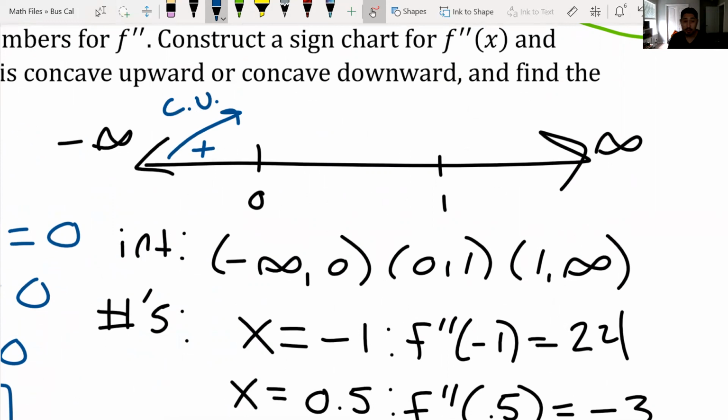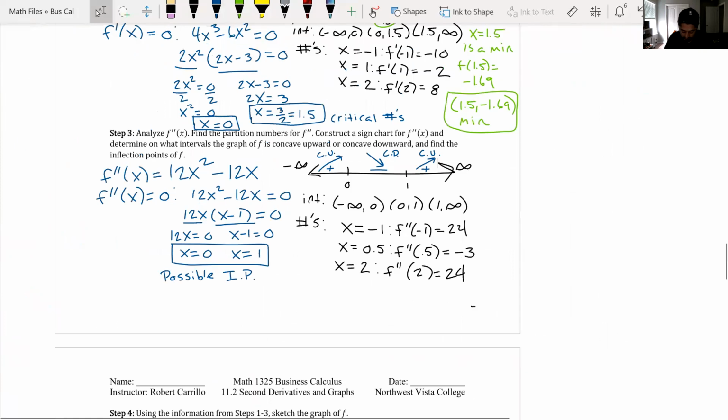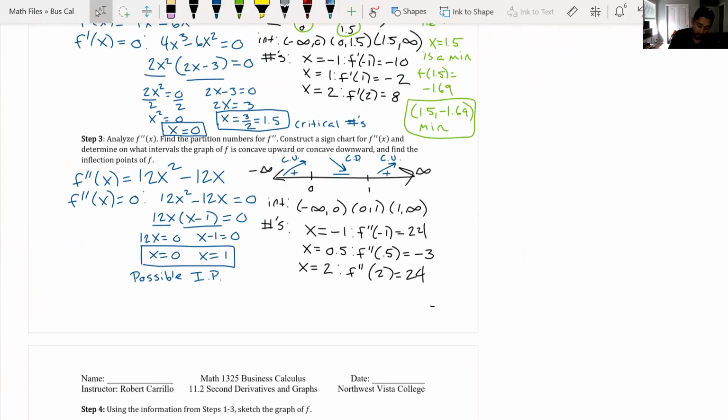All right. The next one's negative. So from 0 to 1, we are negative, which means we are decreasing, which means we are concave down. And then last is positive, which means we're increasing, which means we are concave up. Perfect. Okay, almost done.